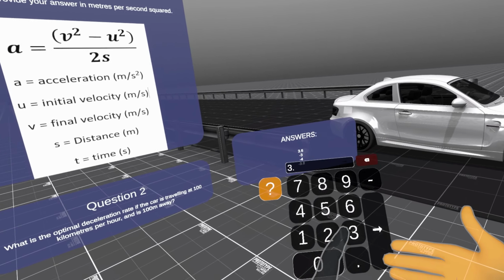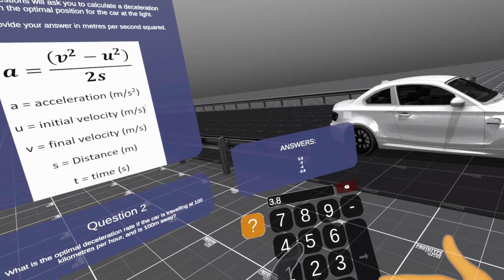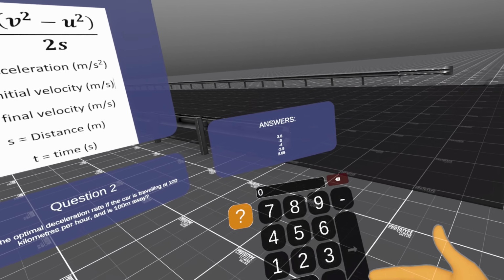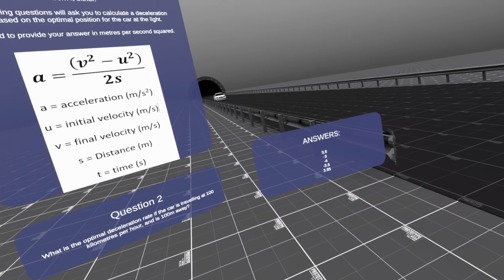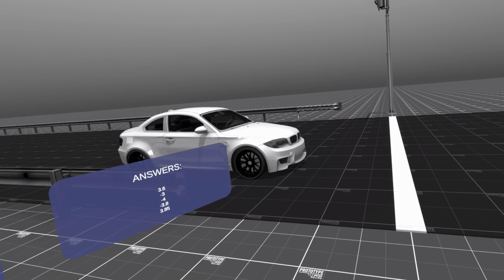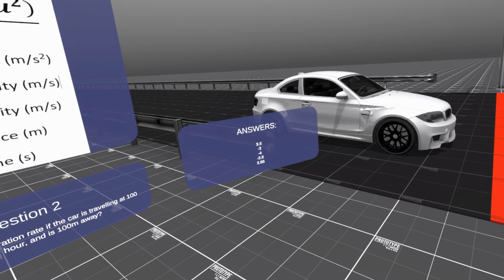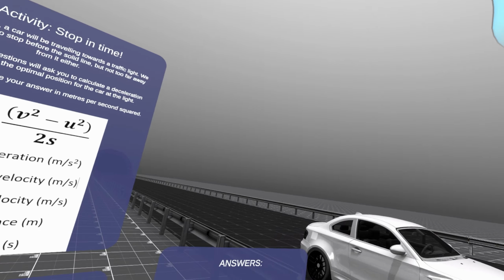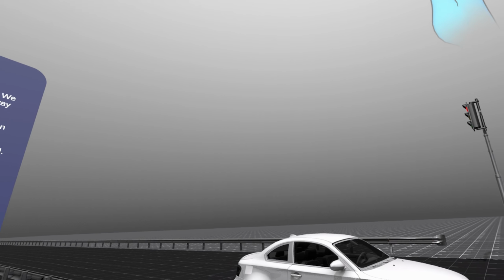So 3.85. Oh, it's going to be negative as well. Is the answer negative 3.85?